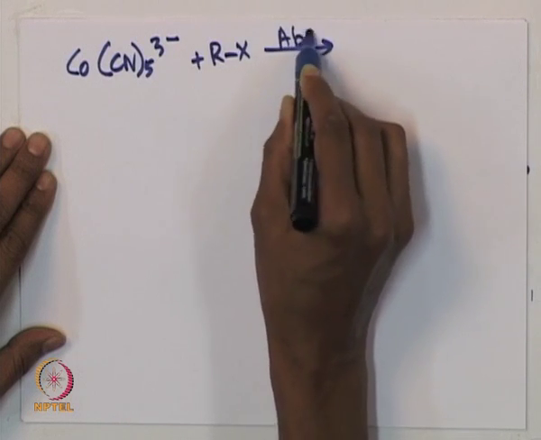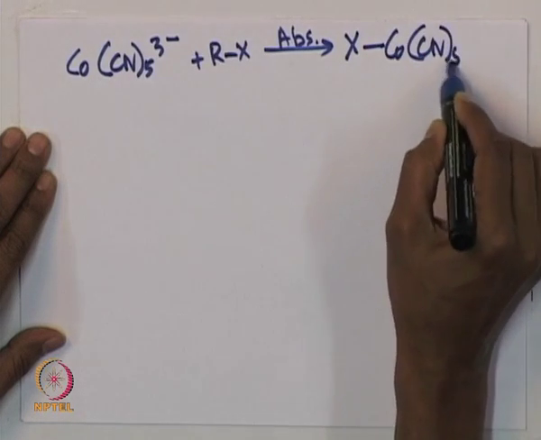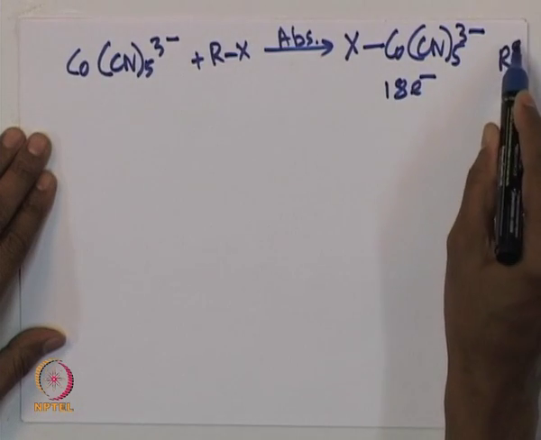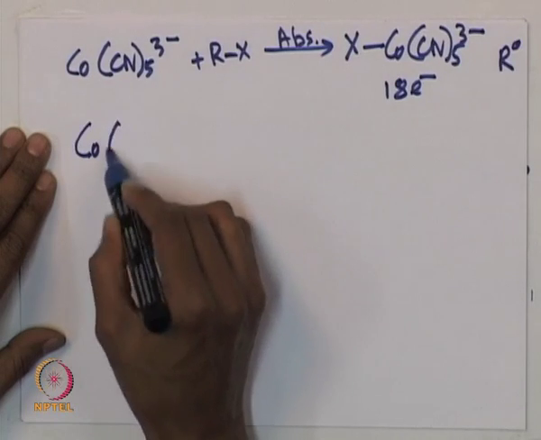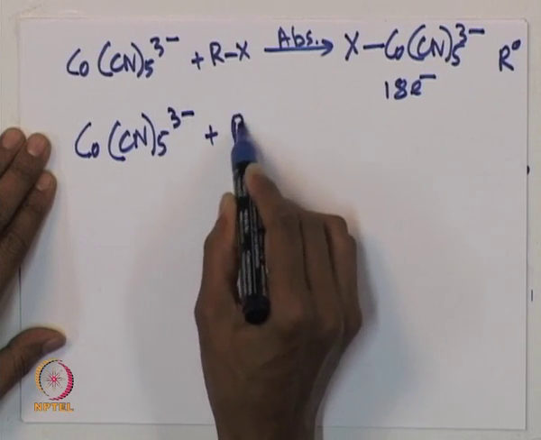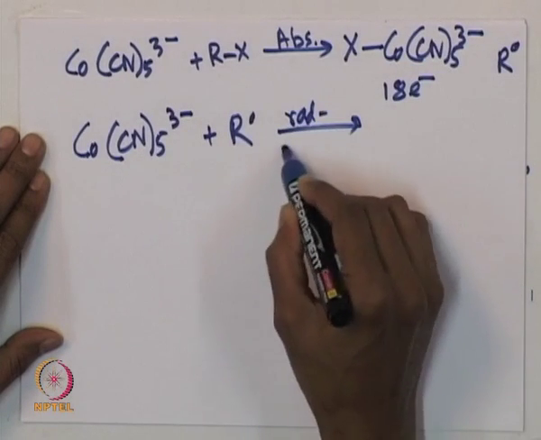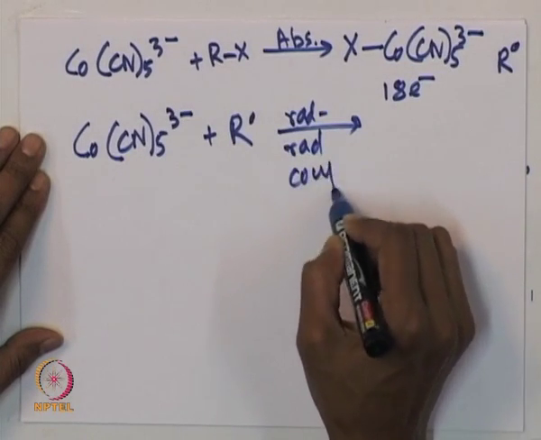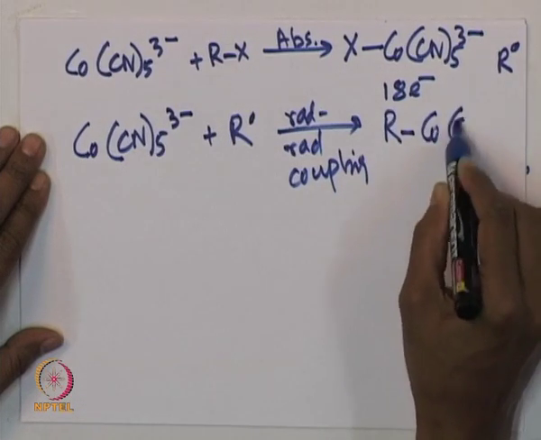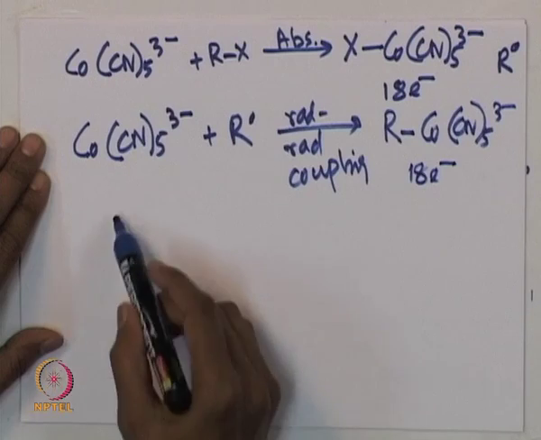This is an abstraction step to give you the X-Co(CN)5 3- species, which is an 18 electron species, along with R dot. Now, another molecule of Co(CN)5 3- will react with that R dot, the so-called radical coupling, and finally we will get RCo(CN)5 3-. Of course, this is again an 18 electron species.